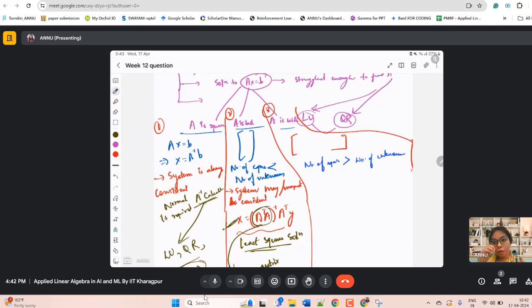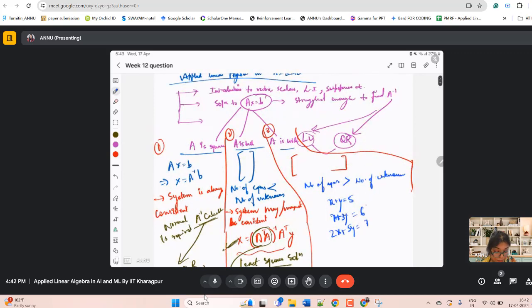Now you think, if you have more equations and fewer unknowns, then you can approximate. Suppose you have x plus y equals 5, 3y equals 6, and 2x plus 5y equals 7.